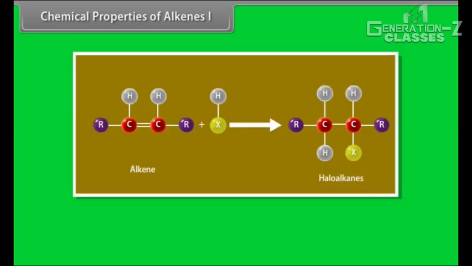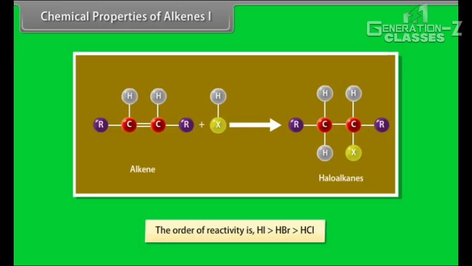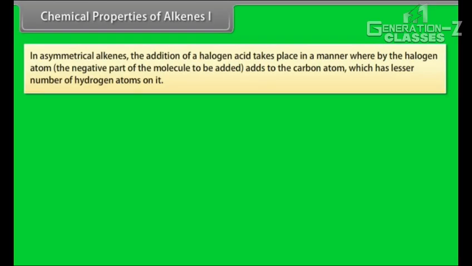Addition of halogen acids. Alkenes react with concentrated aqueous solutions of halogen acids to give haloalkanes. The order of reactivity is HI greater than HBr greater than HCl. In asymmetrical alkenes, the addition of a halogen acid takes place in a manner whereby the halogen atom, the negative part of the molecule to be added, adds to the carbon atom which has the lesser number of hydrogen atoms on it.